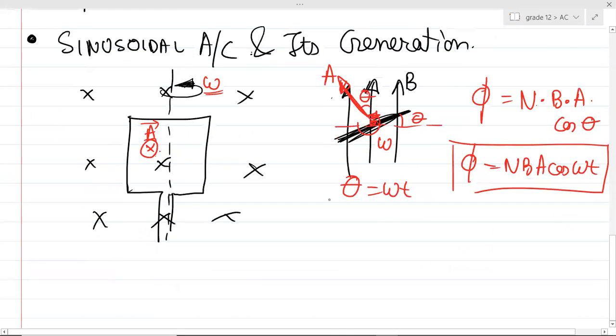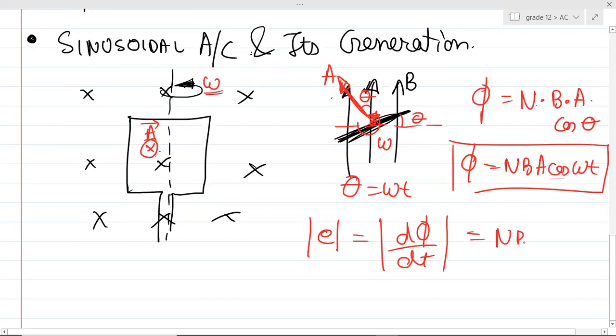From the next chapter, electromagnetic induction, we understood this. If I want the EMF produced, the magnitude of EMF will be d phi by dt, right? When I differentiate this, just the magnitude part, I will get N into B into A into omega sine omega t.